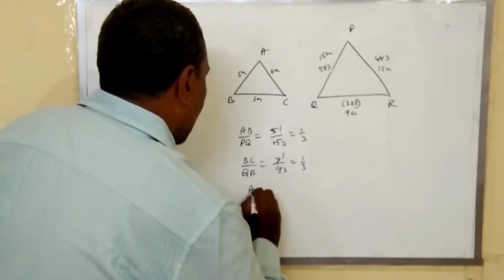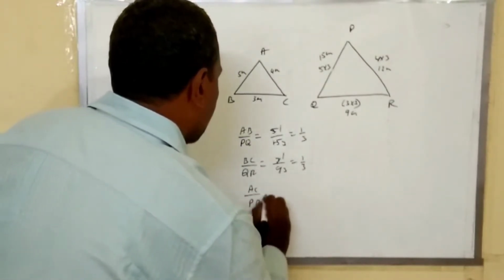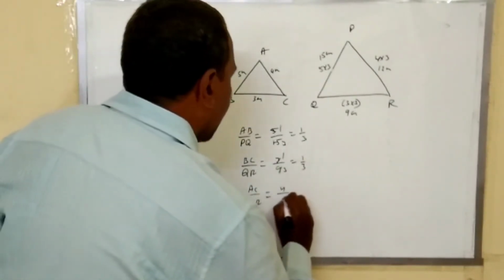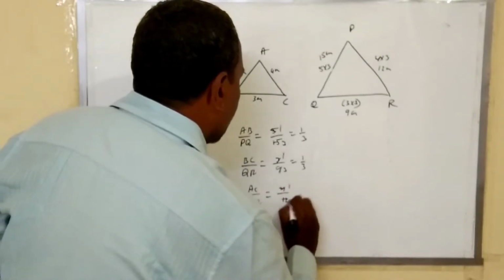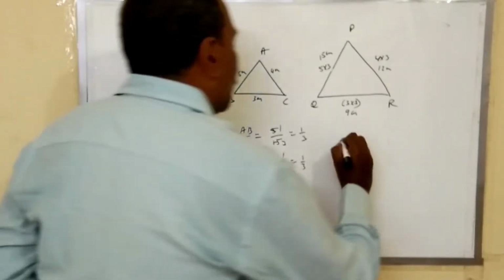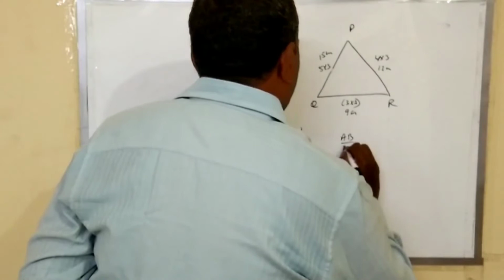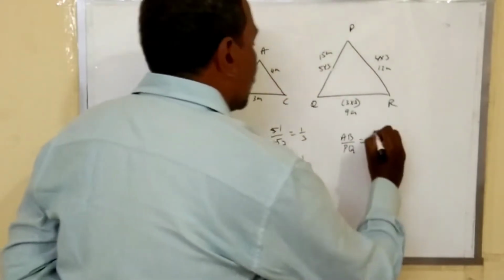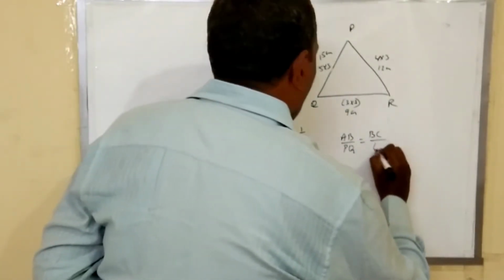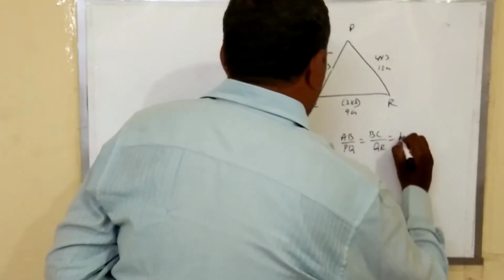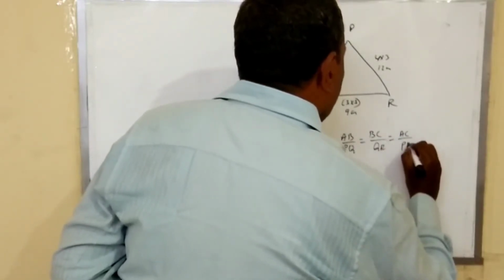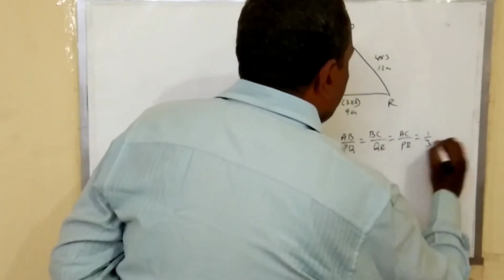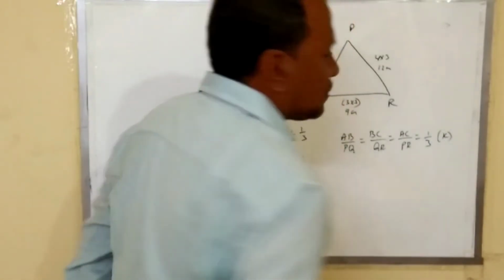And AC by PR is equal to 4 by 12. 4 ones are 4, 4 threes are 12, 1 by 3. So AB by PQ is equal to BC by QR is equal to AC by PR, which is equal to 1 by 3, a constant.